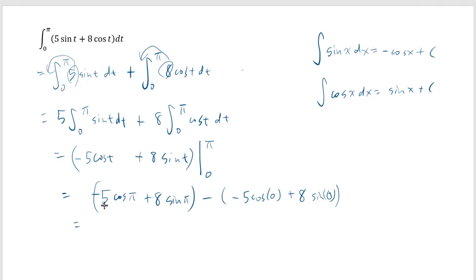Okay, and cosine pi is negative 1, so it would be positive 5, and sine pi is 0. This will be 5 times cosine 0, which is 1, and sine of 0 is 0. So that's still 0, and therefore the answer will be 5 plus 5, which is 10.